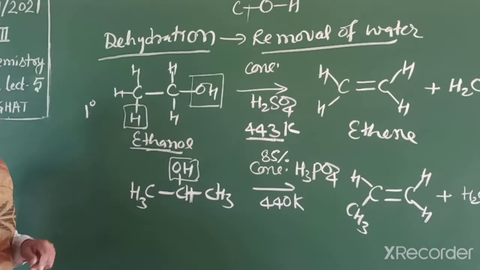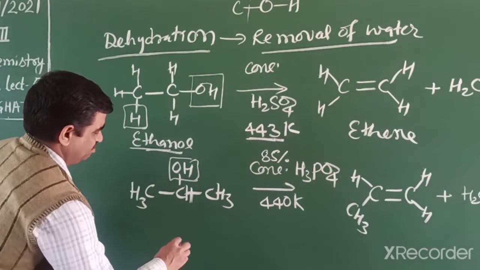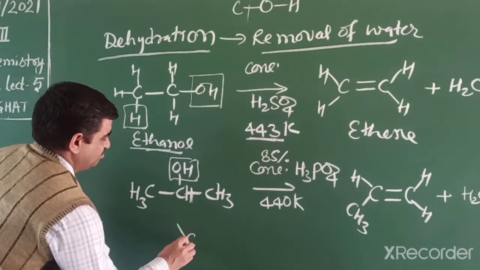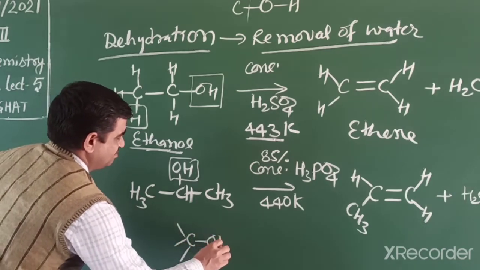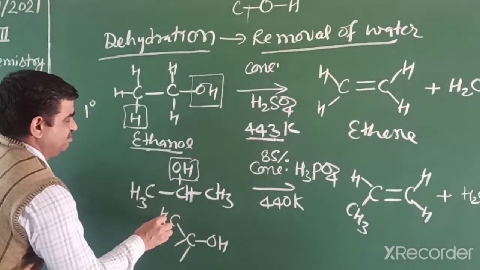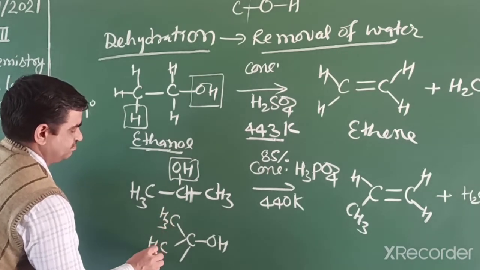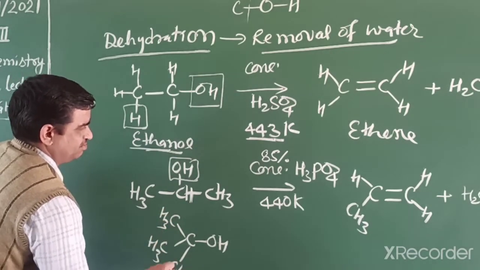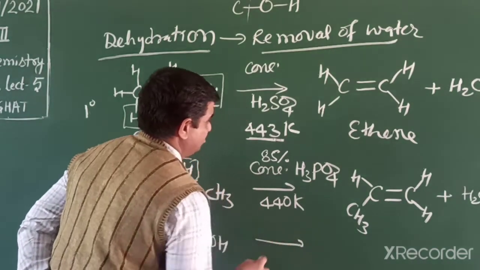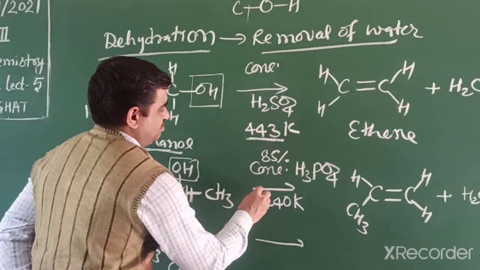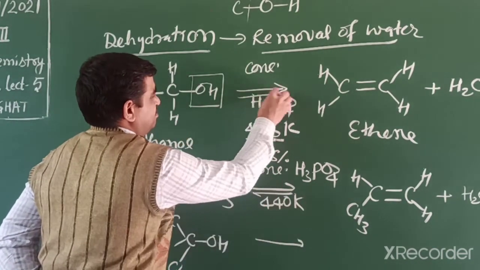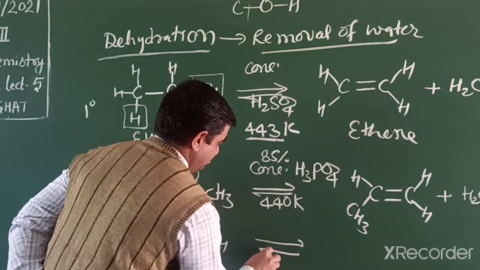If the alcohol is tertiary, then the reaction medium is decreased further. If the alcohol is like this, tertiary butyl alcohol, a tertiary alcohol, then the reaction medium is reduced further and the reaction is reversible.